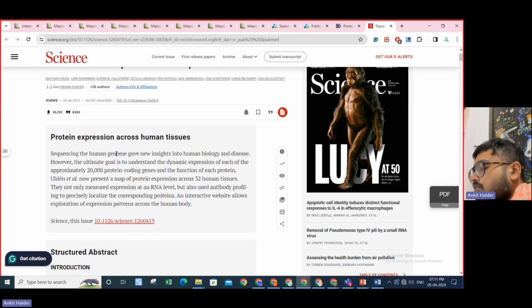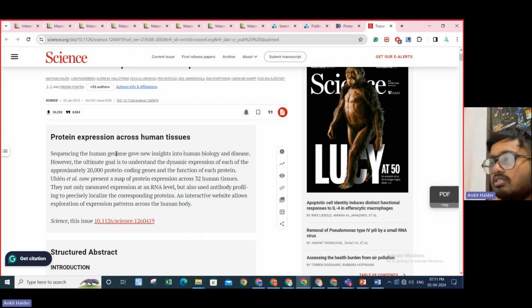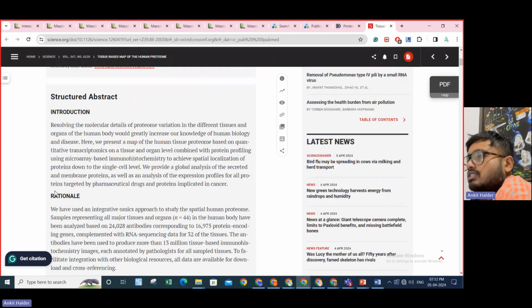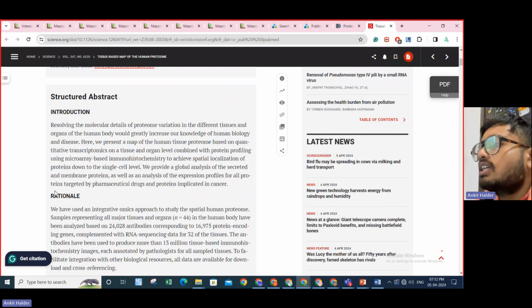They now present a map of protein expression across 32 human tissues, and they not only measured expression at the RNA level but also used antibody profiling to precisely localize the corresponding proteins. Resolving the molecular details of proteome variation in the different tissues and organs of the human body would greatly increase our knowledge of human biology and disease.